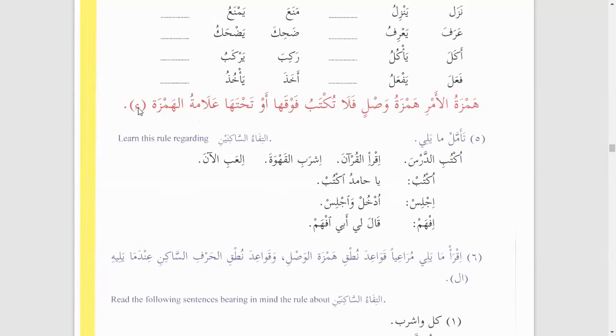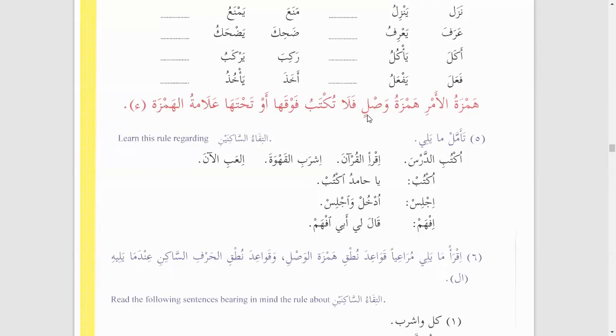So we put this sign only on Alif when the Hamza is Hamzatul Qatr. If it's not Hamzatul Qatr, then we cannot put the sign of Hamza. We have to only put Dhamma or Kasra. So the imperative Hamza is Hamzatul Wasl, fala tuktabu, so it's not written.